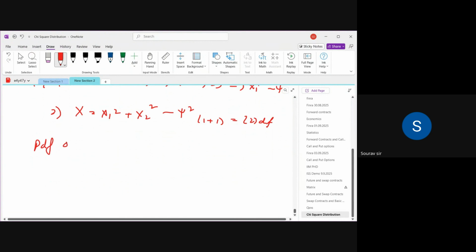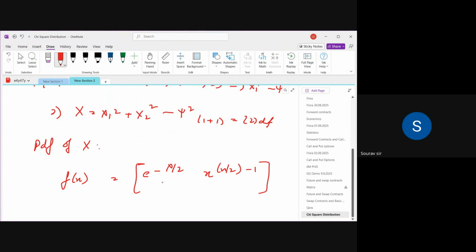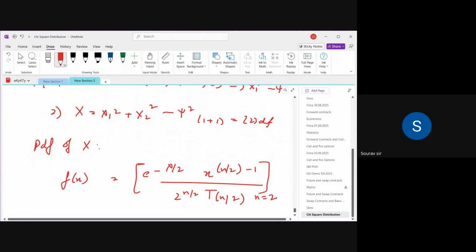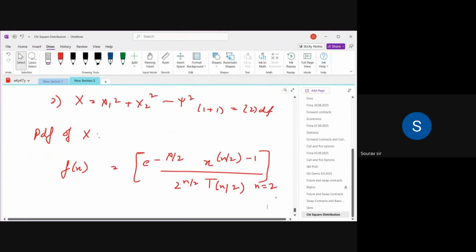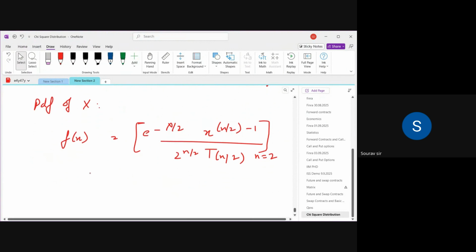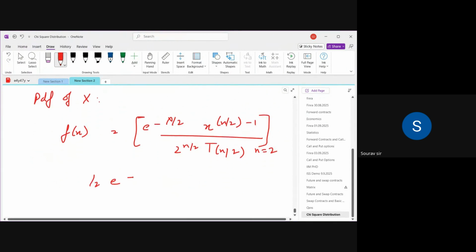So fx is equal to e to the power minus x by 2 times x to the power n by 2 minus 1, divided by 2 to the power n by 2 gamma of n by 2. With n equal to 2, that comes to half e to the power minus x by 2, for x greater than 0.